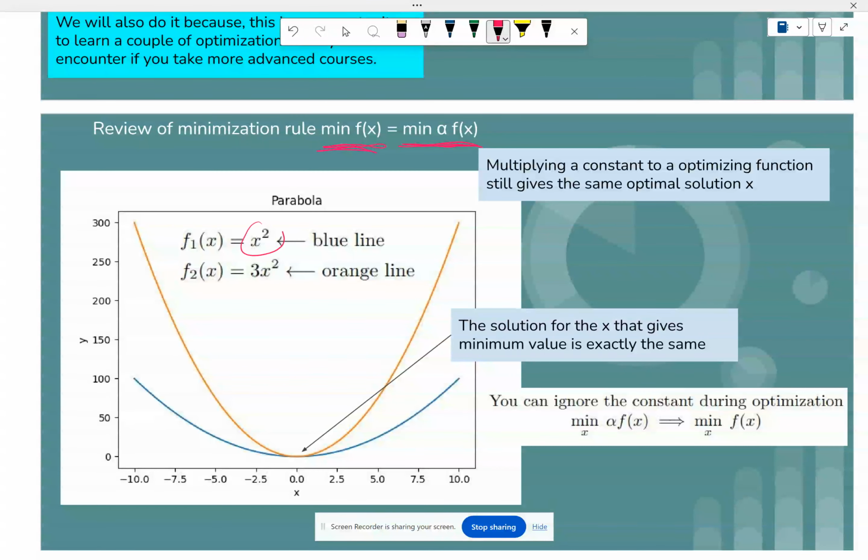Notice the function in blue and the constant times the function in orange. The solution x that makes the function as small as possible is the same. So when you multiply by a constant like alpha or 3 here, the solution is the same. You can just ignore the constant and you will still get the same solution.